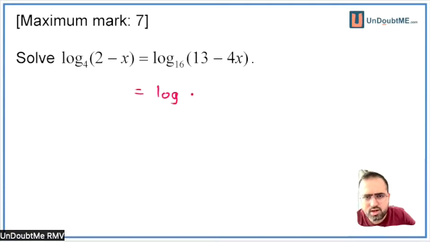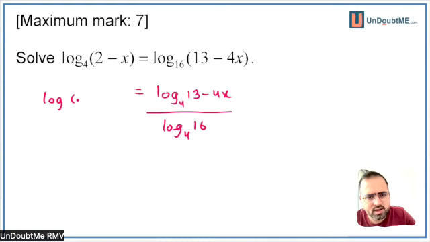Okay, so on the right hand side, I will write it down as log of 13 minus 4x to the base 4 over log of 16 to the base 4. Okay, this base is decided by us only. So it means you should practice enough to be able to decide what the base is. Now, why have we taken 4 as the base?